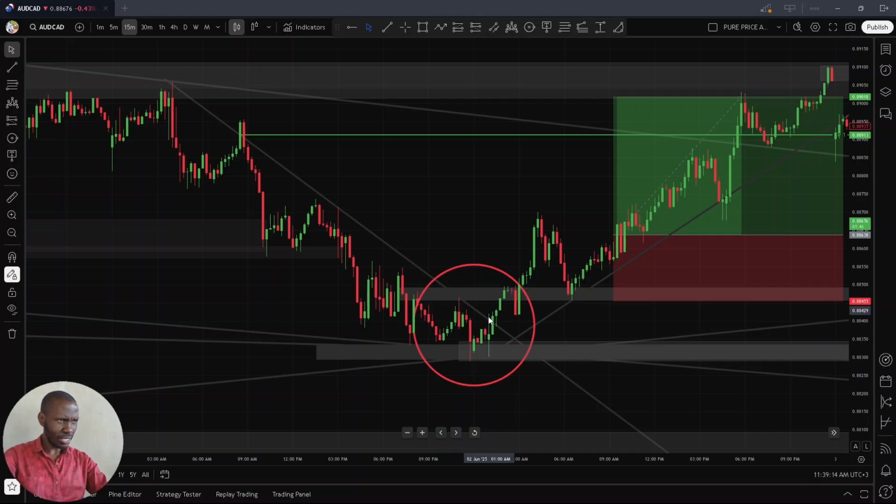On this candle, sellers tried to take the market down but failed to break the most recent swing low around here. And right away, the sellers stepped in and pushed this market even past this candlestick around here.